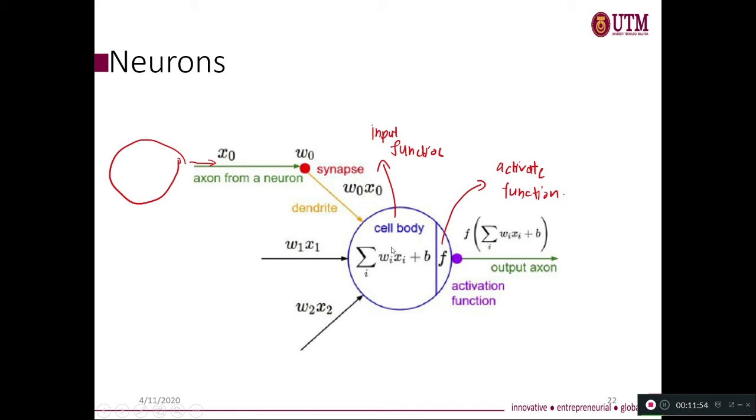If the output from the input function is strong enough, then the gate will open, because this F depends on the input from the input function. That's why they call it the activation function, meaning this function might activate or might not activate. What does it mean to not activate? When you don't have a strong enough value to activate this function.